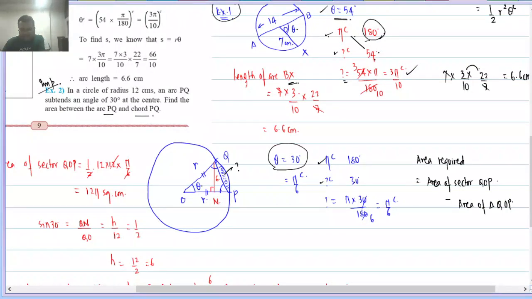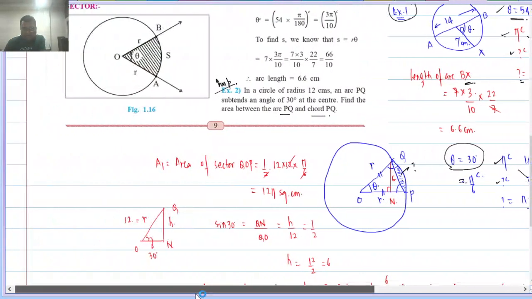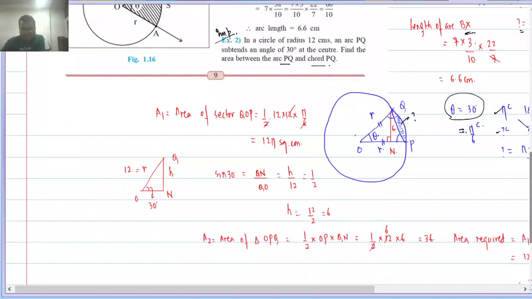How many radians is 30 degrees? Pi into 30 upon 180, pi by 6 radians. So theta is 30 degrees, which is the same as pi by 6 radians. So now the area of sector is half r square theta. 6 2s are 12. So 12 pi. That is the area of sector.